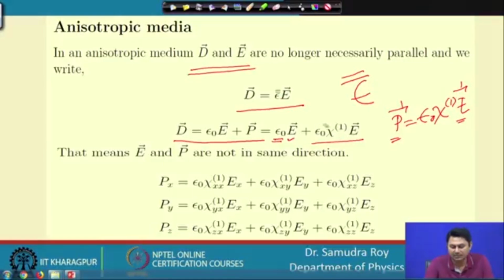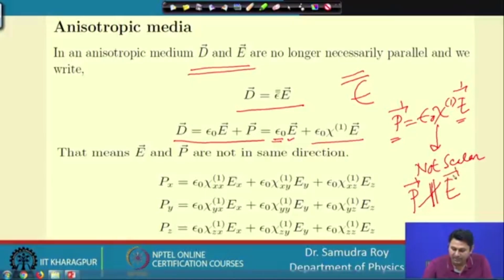This is scalar, but this is not scalar. If this quantity is not scalar, that means P and E are not in the same direction. So, they are not parallel to each other, which is very important. P is not parallel to E.